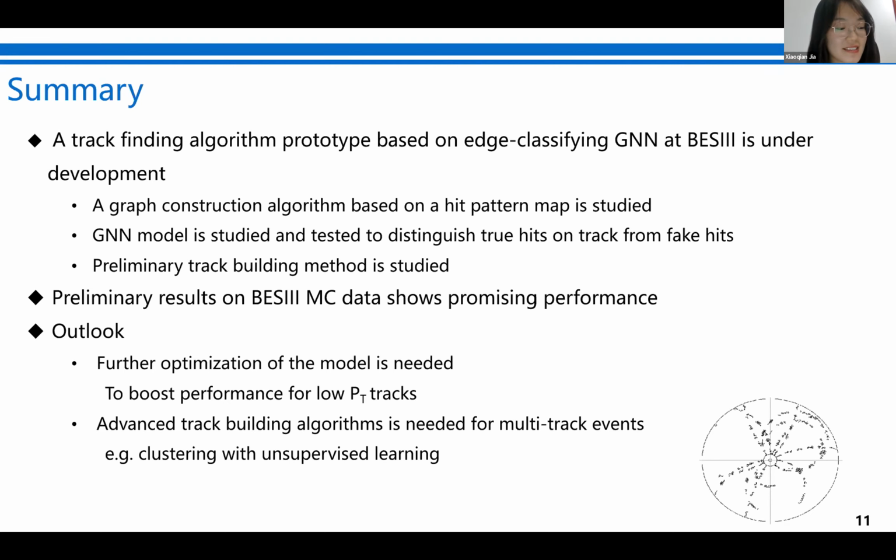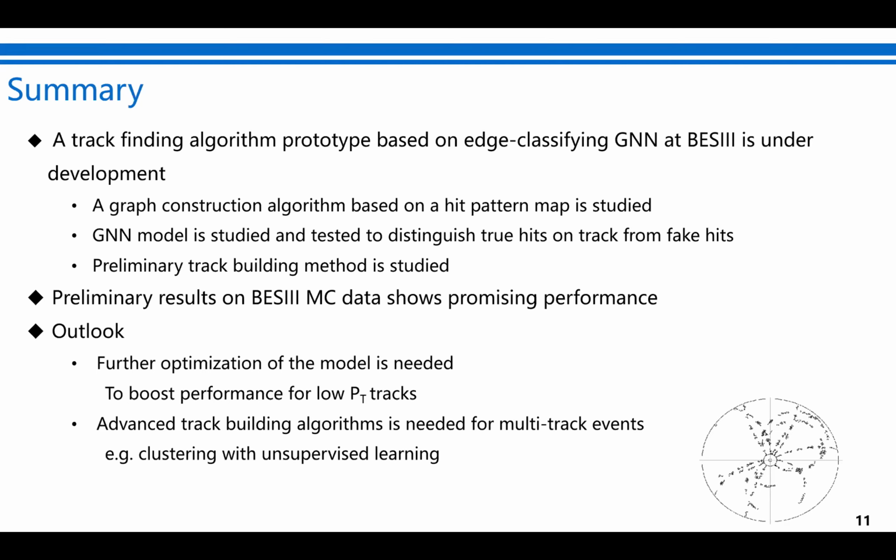Sorry, can I ask Mr. Li for help? Oh, sorry, I don't quite understand the question. Do you mean why do we mix the random trigger data in the training sample? Yes. Is that correct? Yes.